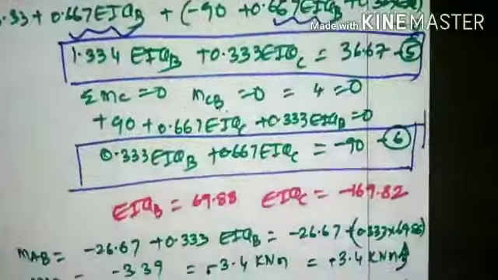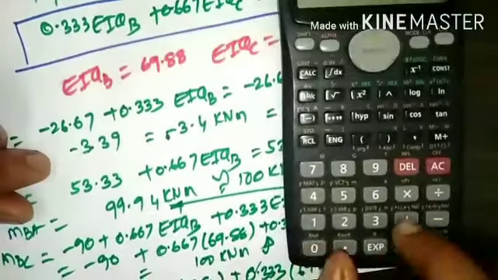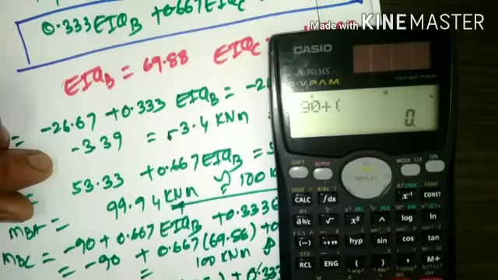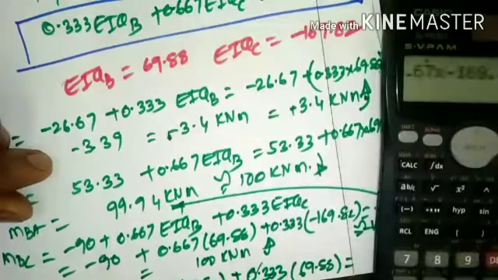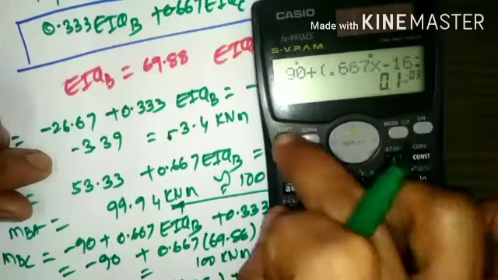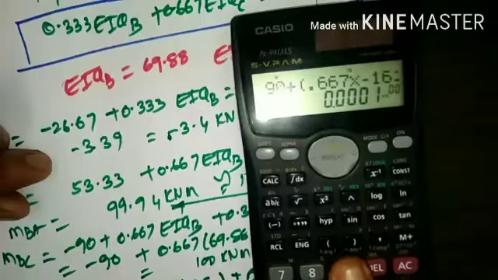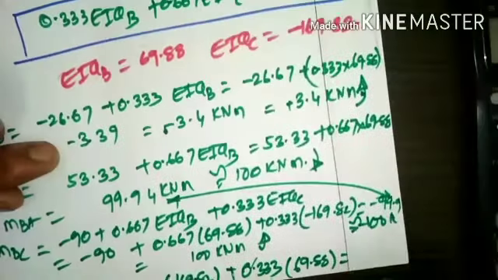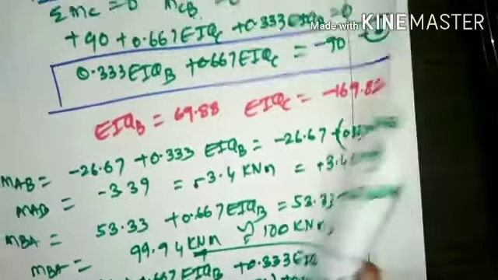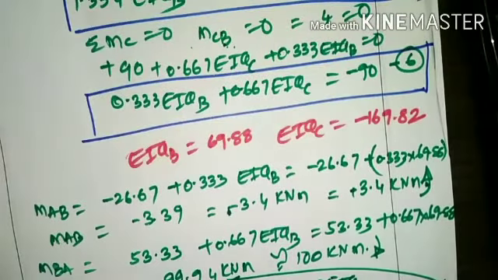So the moment at this particular support C should come out as 0. We will check whether it comes out as 0. 90 plus 0.667 into minus 169.82 plus 0.333 into 69.88 comes out as 1 into 10 to the power of minus 4. So this value comes out as 0.